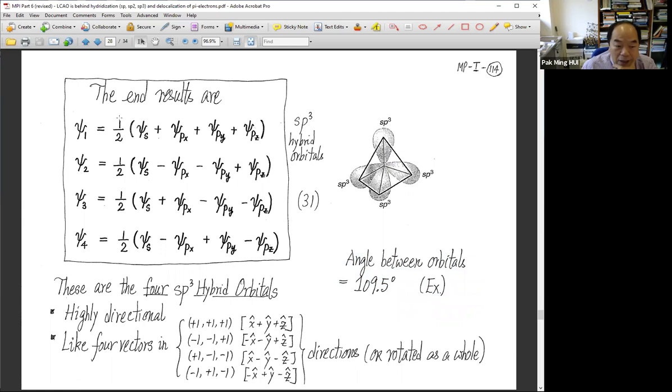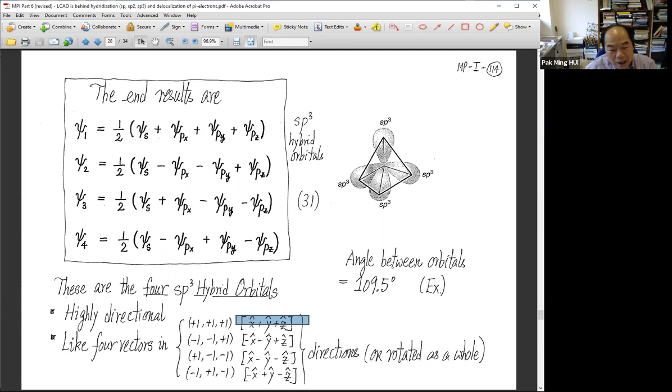Let's look at these 4 resulting sp3 hybridized orbitals. Again, the lazy way to look at the direction is the following. You think of it as a unit vector in x, y, z. So this is like 1, 1, 1 in x, y, z, so it's pointing along the diagonal. You have an x, y, z setup, so the first one will be placed there.